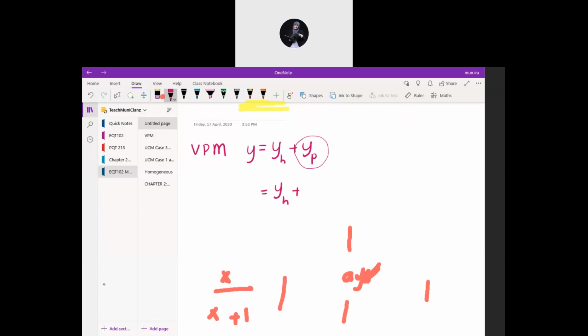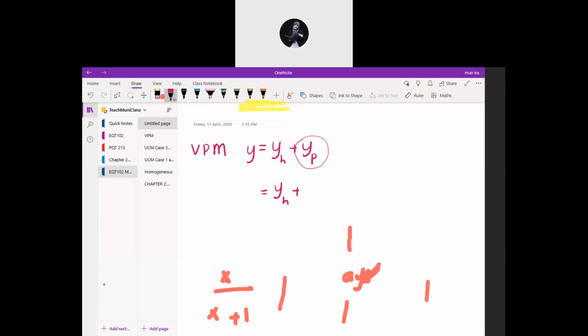Compared to UCM, in order to get YP, you need to consider either you have polynomial or exponential or trigonometric function, right? But for YP, in VPM, you can solve any kind of fx. The challenges are either you have a simple or difficult integration after this.